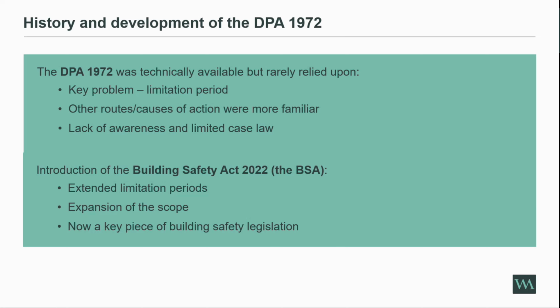And those documents, so your building contracts and your warranties, were also usually executed as a deed. And that gives you a 12-year limitation period from practical completion. So you had a lot longer in which to bring a claim. And therefore it just seemed like the most preferred option.